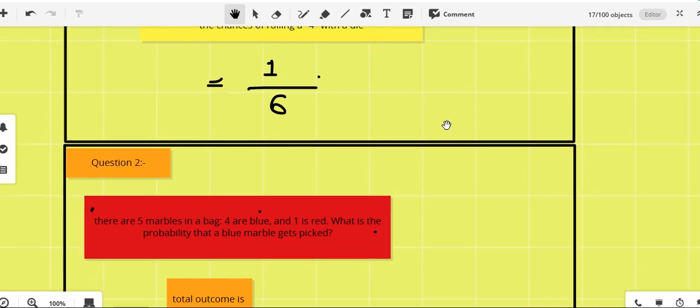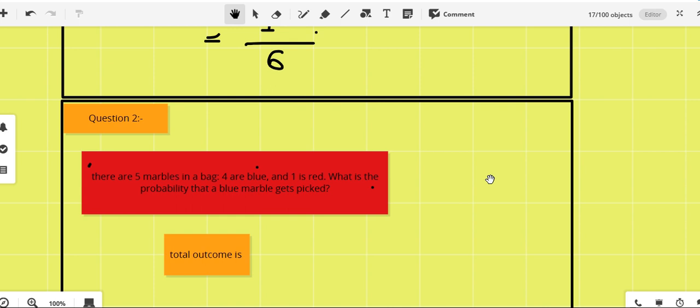Now let's look at another example. There are 5 marbles in a bag, 4 are blue and 1 is red. What is the probability that a blue marble gets picked? First of all we have to check how many total possibilities there are. The total outcomes are 5, and they are saying 4 are blue, 1 is red.